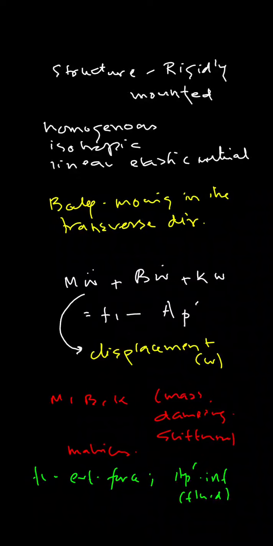Now the structure. If the structure is rigidly mounted, homogeneous, and made of a linear elastic material, then the body moving in the transverse direction can be written in this form: M w double dot plus B w dot plus K w is equal to F1 minus A p prime, where w is the displacement, M, B and K are the mass, damping and stiffness matrices, F1 is the external force, and A p dash is the interaction term from the fluid.